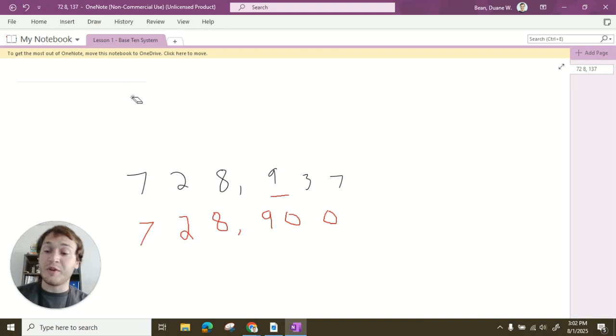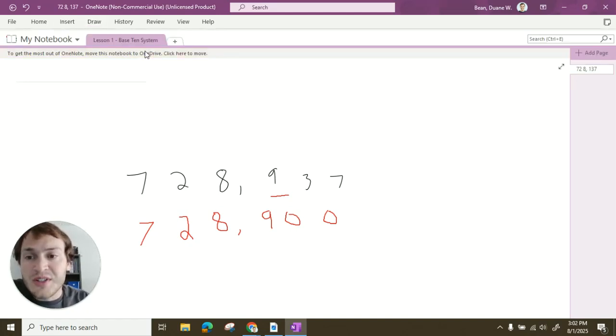So when we round to the hundreds, 728,937 just becomes 728,900, right? It's a nice even number. We don't need to know exactly that it ends in 937. 900 is good enough, right?